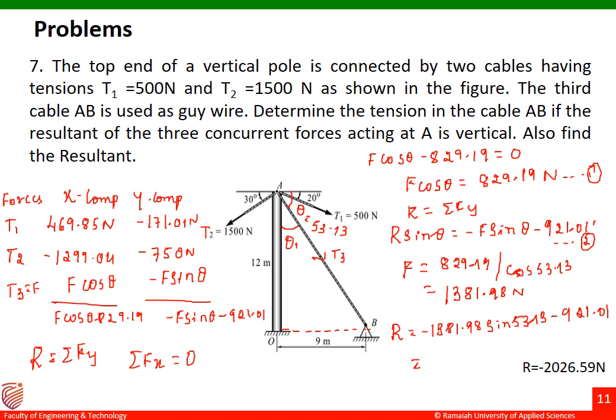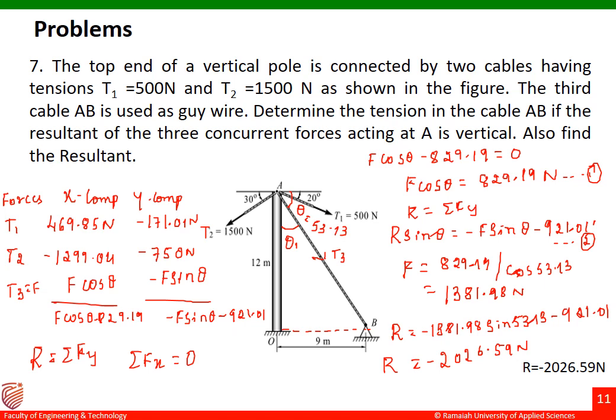So the answer is minus 2026.59 Newton. Okay, so the value for R is minus 2026.59 Newton.